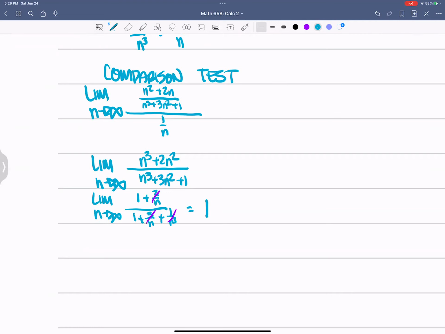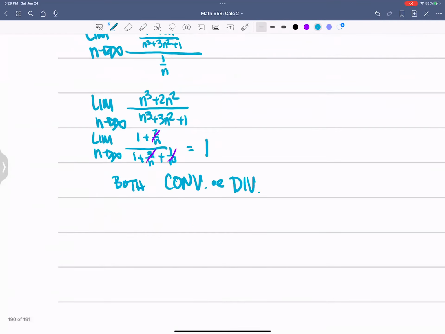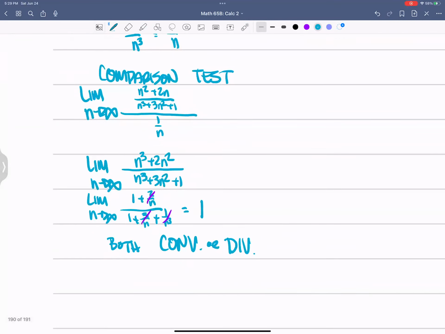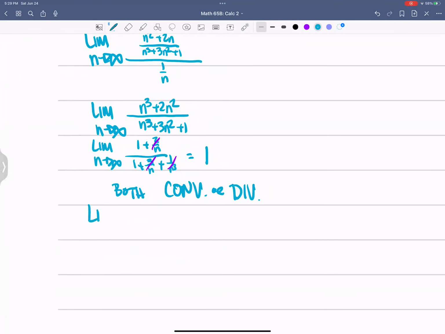And so now both converge or both diverge. So now we're going to take the limit of b sub n, the limit as n approaches infinity of 1 over n.